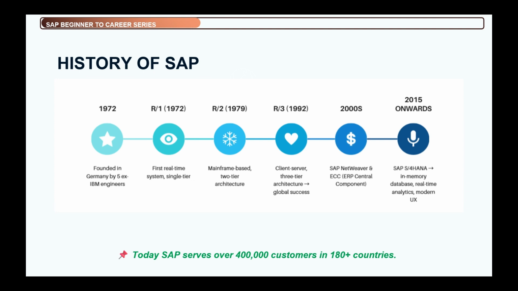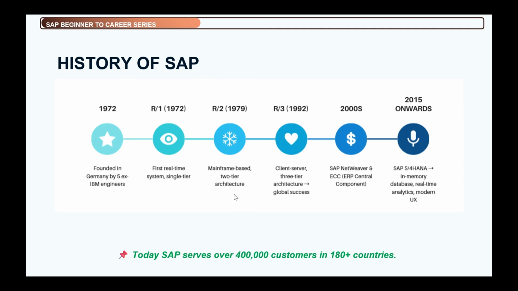They onboarded massive changes to the system and it was really helpful to organizations to have their real-time data because it's an in-memory database, and it came up with a modern UX, modern user experience. They have provided modern user experience with this HANA invention.